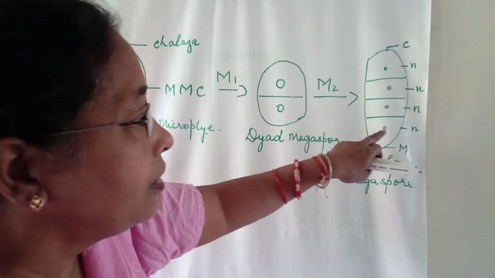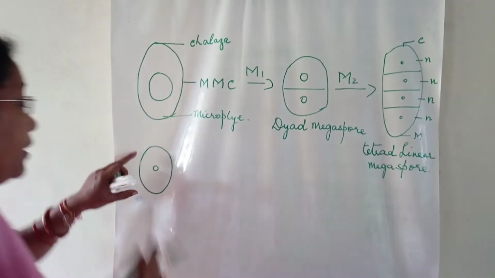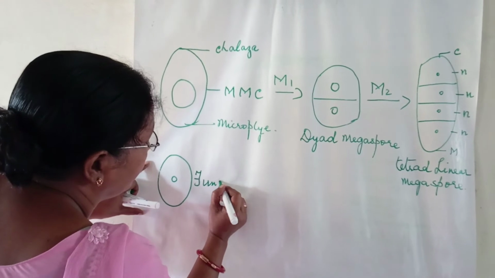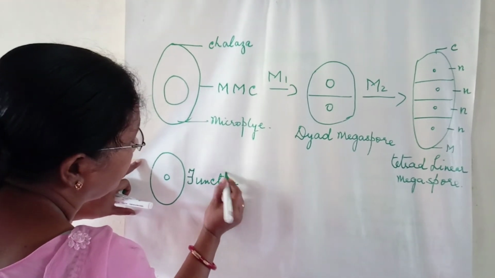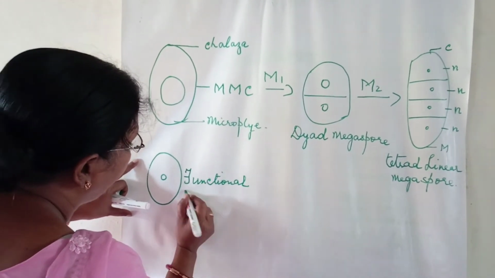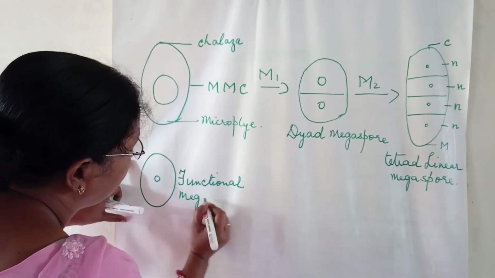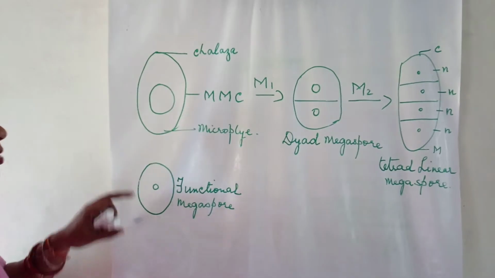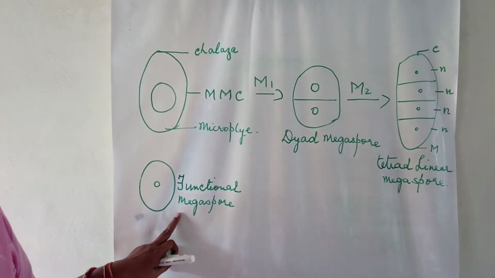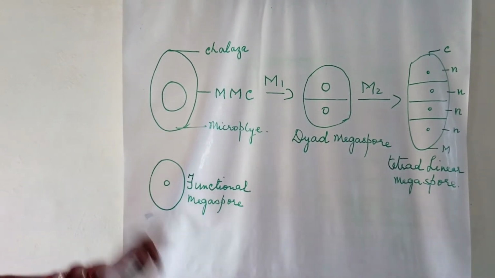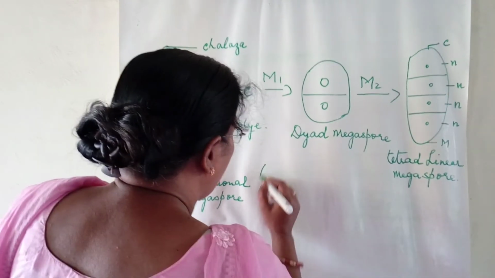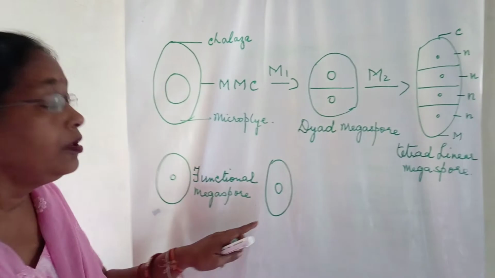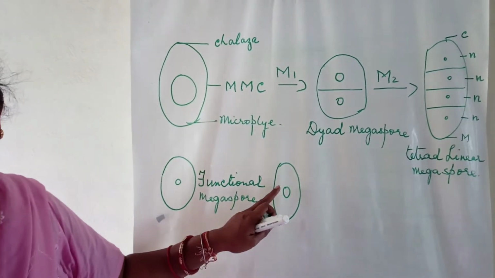The surviving megaspore will now function as the functional megaspore. The functional megaspore enlarges in size and the nucleus of the functional megaspore will divide mitotically.